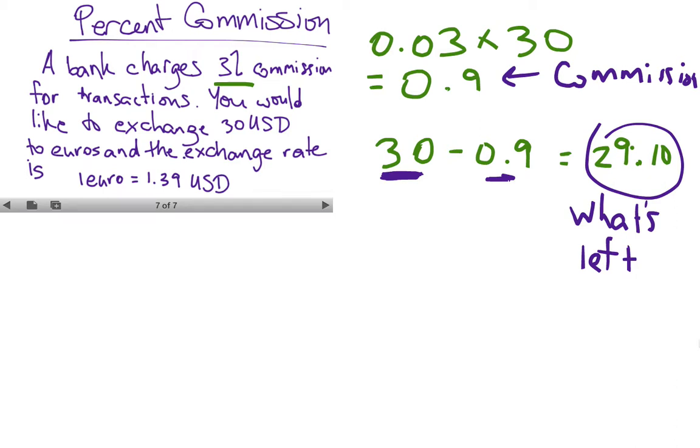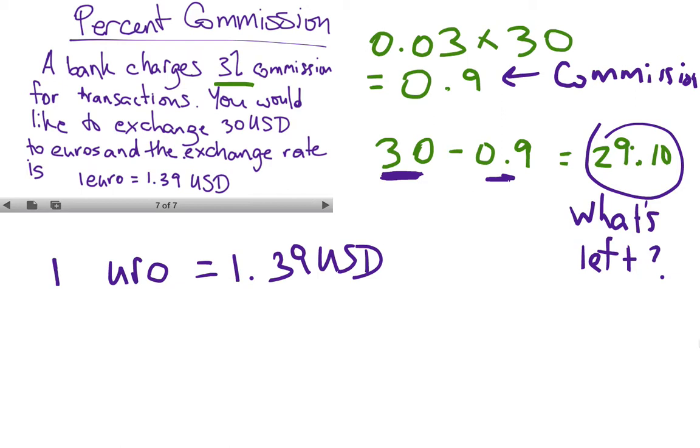So first, what do you want to write down? 1 euro equals 1.39 US dollars. And then we put euro on the euro, US dollars on the US dollars. What do we have left to exchange? 29.10.